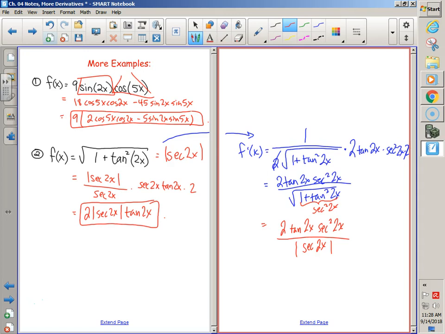Because that's always a positive. Because you could simplify, but you would need to keep it always positive, right? You have to maintain the meaning. So like right here, Maggie, we could almost cancel out a secant 2x and a secant 2x, but that's always positive and that's always positive, and secant isn't always positive. So we have to keep the meaning. Does that make sense? I need it, when I cancel out, to still always be positive.